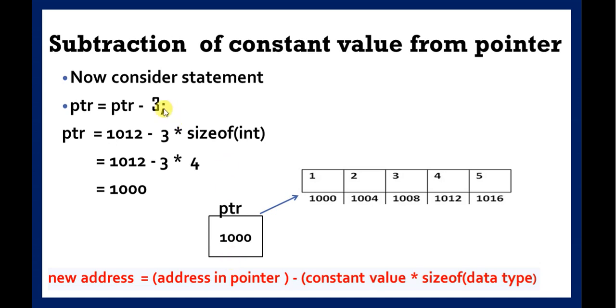Now 3 means it will move the pointer backward by 3 numbers. So 1012 minus 3 into size of int, means 1012 minus 12, it will give you what? 1000. The PTR will now point to the first location, 1000. So we can find the new address by using the formula: address in the pointer minus constant value into size of type of the pointer, int here.